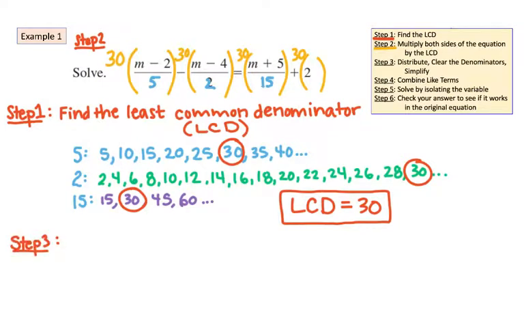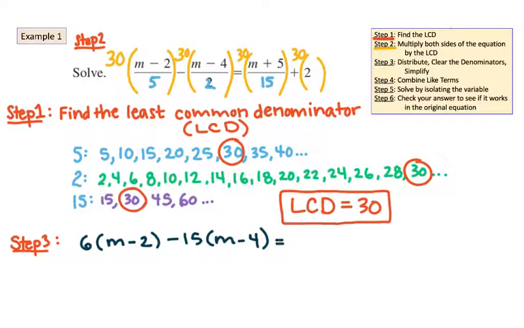So for the first term, 30 times (m minus 2) divided by 5. 30 divided by 5 just becomes 6. So we'll have 6 times (m minus 2). For the next term, we'll have minus 30 divided by 2. That's minus 15 times (m minus 4).